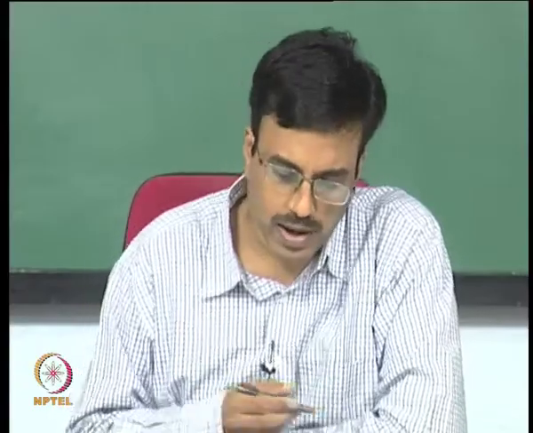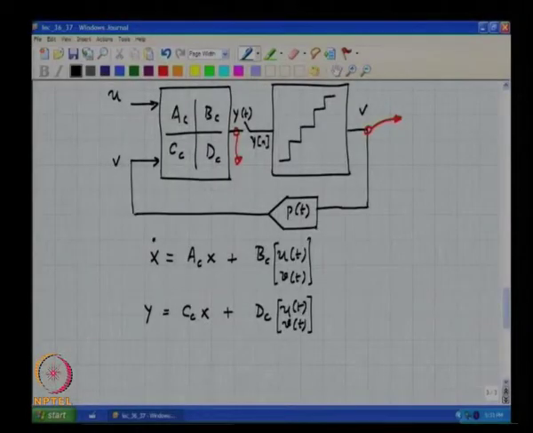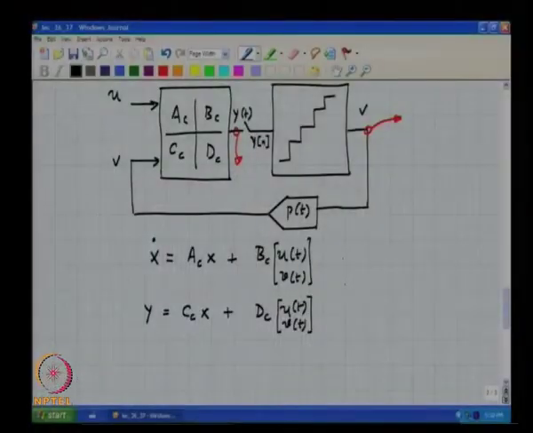The input, on the other hand, what do we say? The input is slowly varying because the system is an oversampled one, right. So, the input can always be modeled as approximately a first order held waveform.